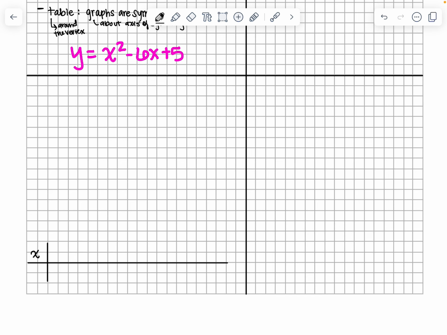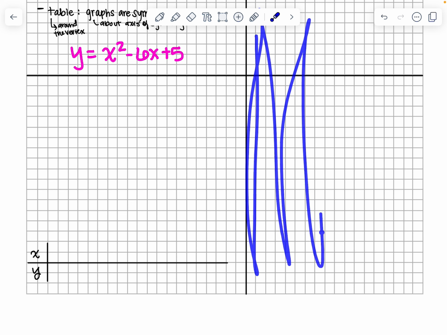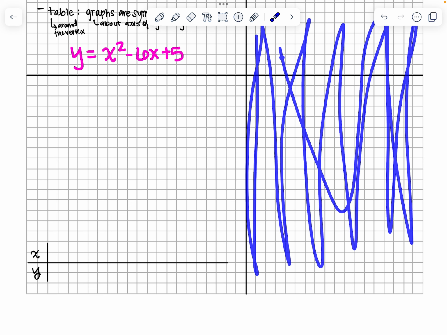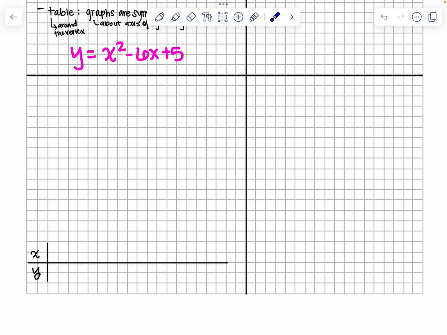We have our x and our y values. We want to pick both positive and negative points so it shows up on both sides of the graph. If we only pick positives, we'll only be able to see our graph on this side right here. But we want positive x values and negative x values so we can see the full picture.